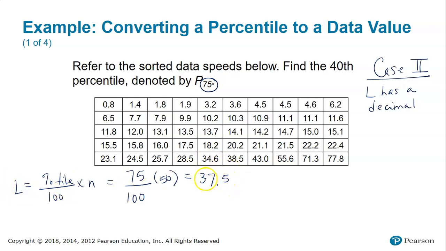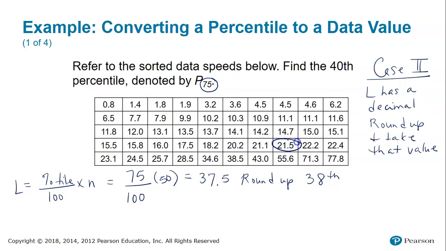That means I'm going to use the 37.5th value, except what I have to do is actually round this up. So I'm going to look at the 38th value. On this one, we round up and then take that value. So we'll go to the 38th value, and that's going to be our answer. We've got 10, 20, 30, 1, 2, 3, 4, 5, 6, 7, 8.